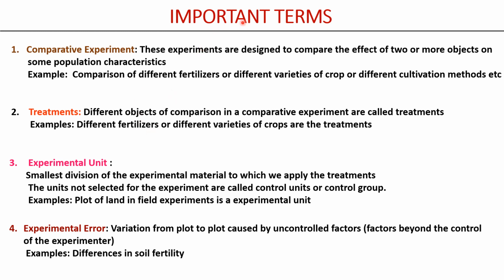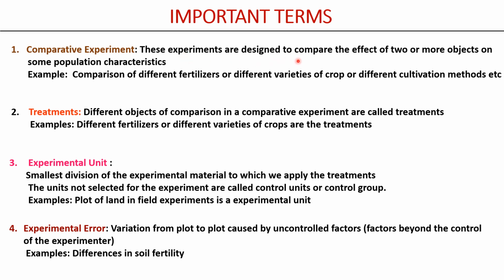So before I move on to the objective, here are a few terms which are important for our understanding. First is called the comparative experiment. Naturally, as the word says, the experiments are designed to compare the effect of two or more objects. When I say objects, it could be treatments on some population characteristics. The population need not be individuals or people, it could be even plots if I am talking about an agricultural situation.